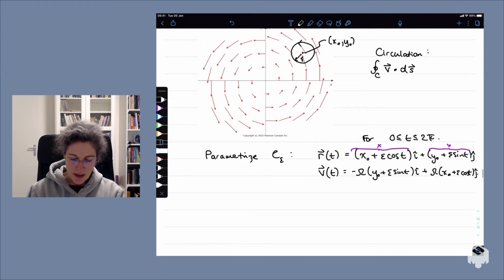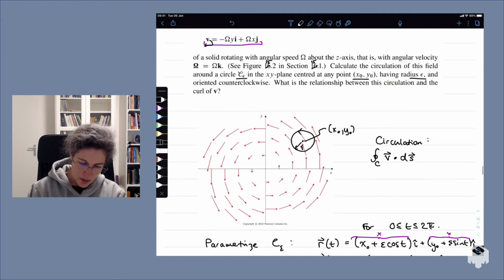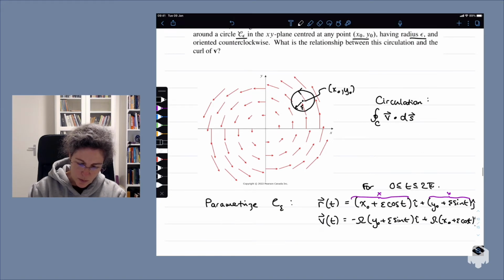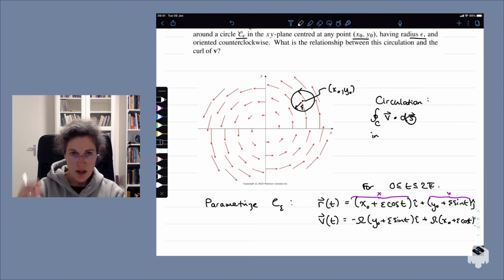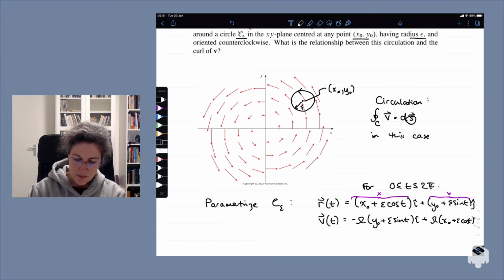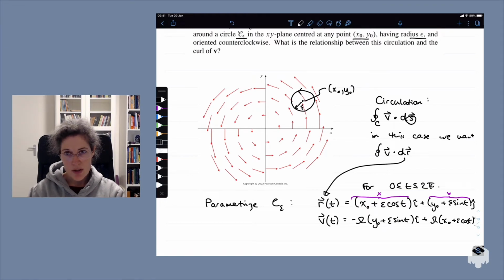Okay, and then the other thing that we're going to need. What we're actually going to do here, this was the general formula parameterized where we're thinking of arc length as s, but we're using r, so in this case, because that's what we're using over here. We're using r's, not s's.